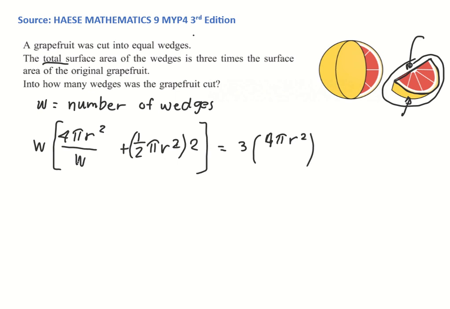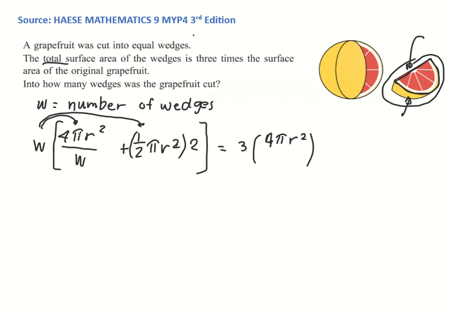Okay. So let's simplify this. Parenthesis. So we can multiply by the distributive property of multiplication. We can multiply W by the first term and multiply this by the second term.